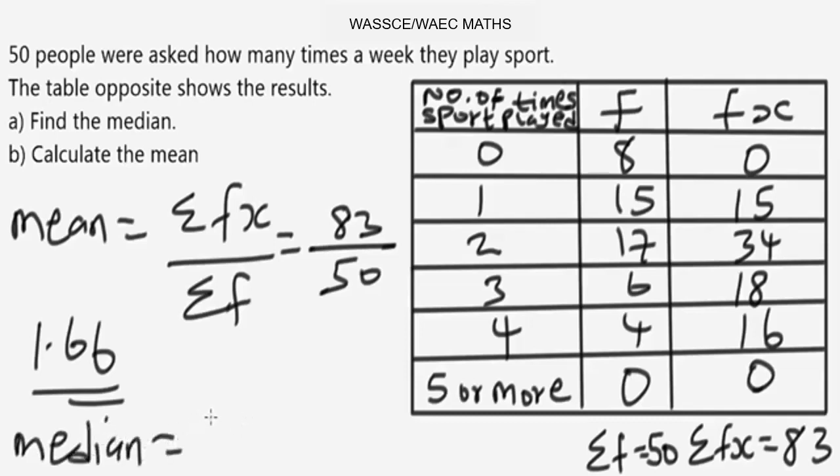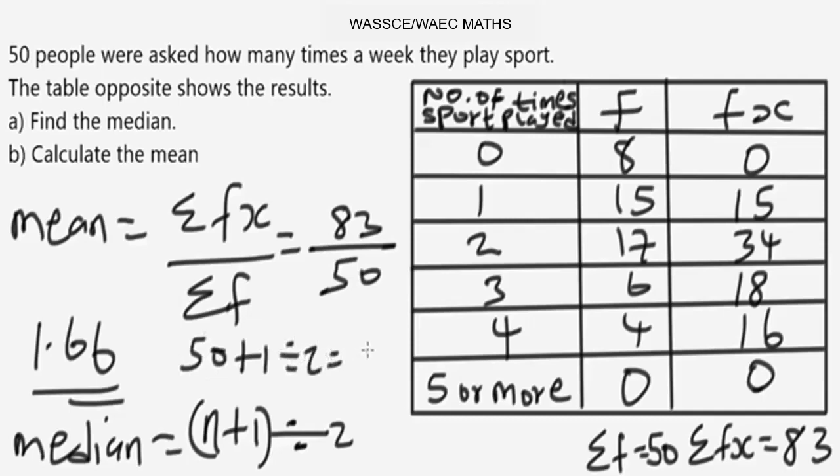Remember, we're going to apply this formula, n plus 1 divided by 2, where our n is the summation of the frequency. So we have 50 plus 1 divided by 2, which will give us 51 divided by 2, which is going to give us 25.5.